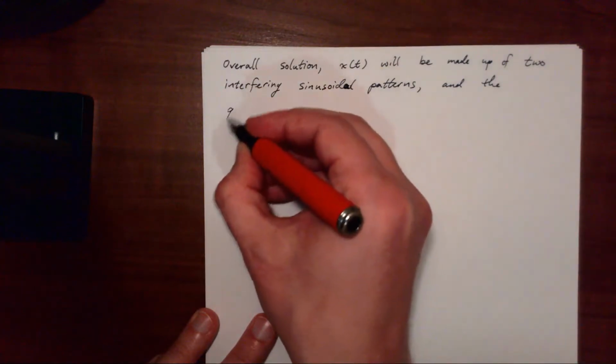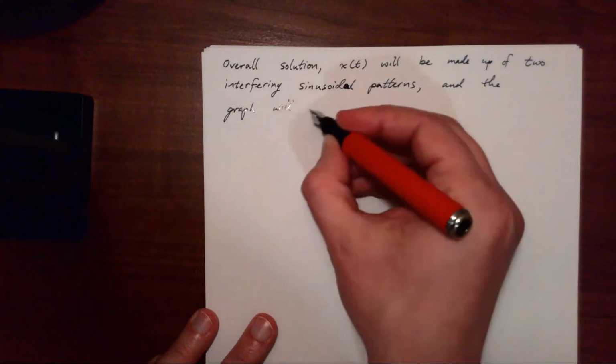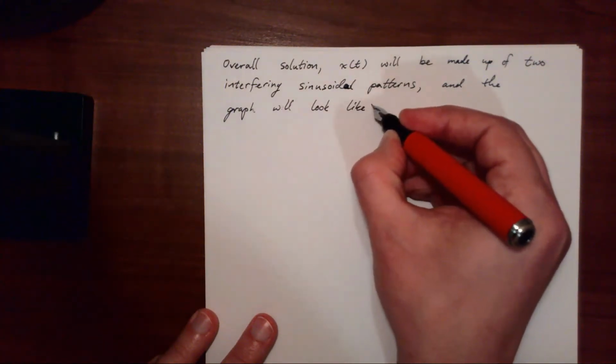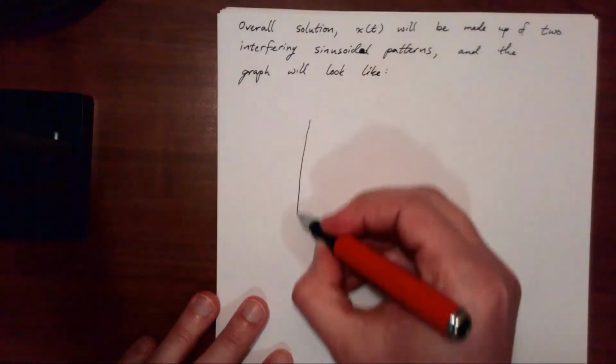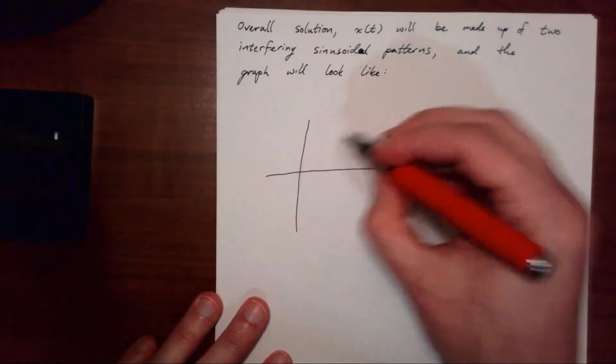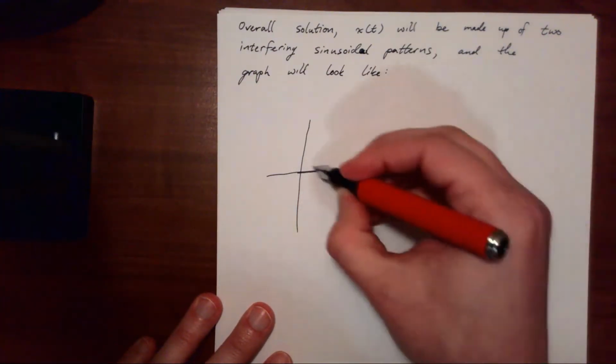And the graph will look like this. So here, what's going to happen is, and it's easiest in drawing it, if I draw what's called the envelope function first, just to help.